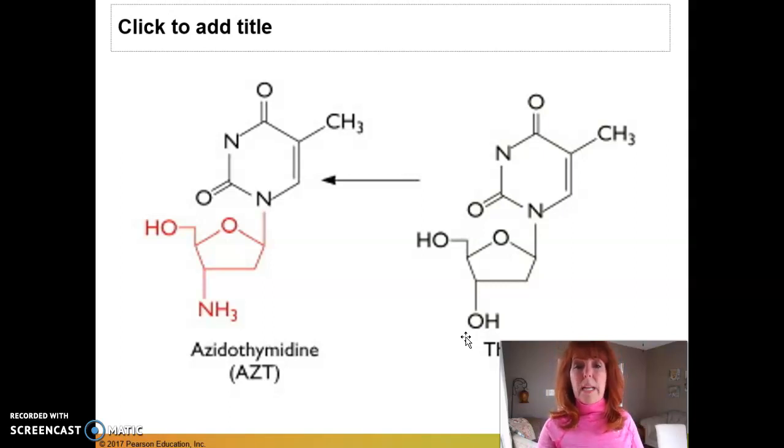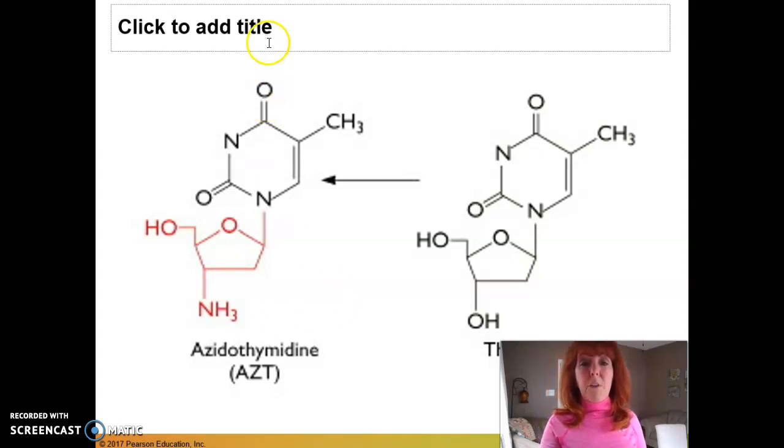So what AZT looks like, it's called an analog. An analog is something that sort of looks like something else. So this sort of looks like thymidine, but over here you can see we have changed the sugar so it no longer has a hydroxyl group.